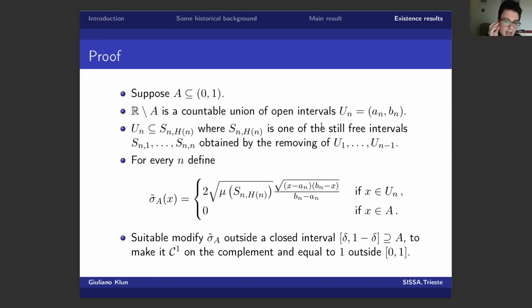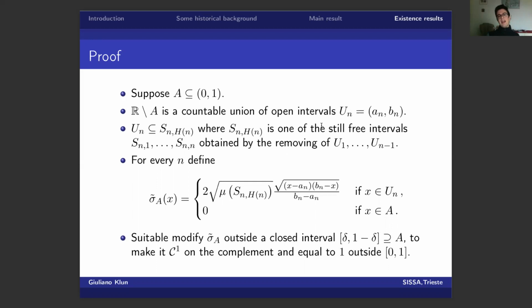Then we can modify the function, that we call sigma tilde A, outside a closed interval of the form [delta, 1 minus delta] containing A, to make it C1 on the complement and equal to 1 outside [0, 1].